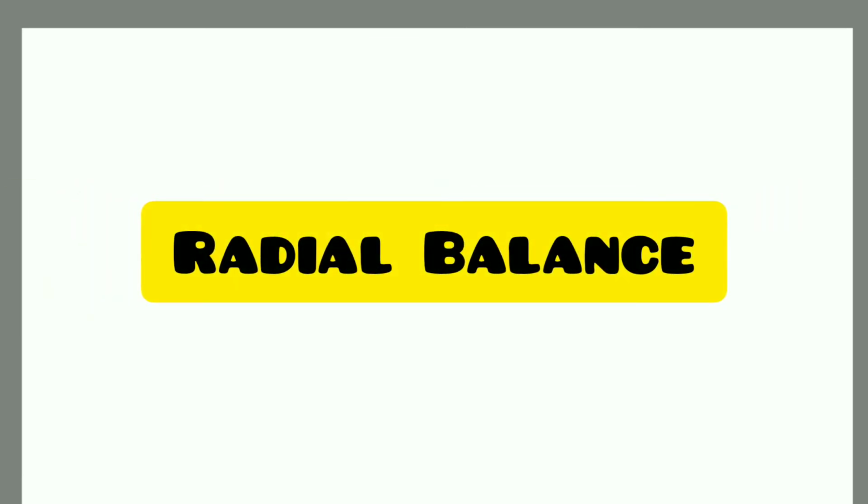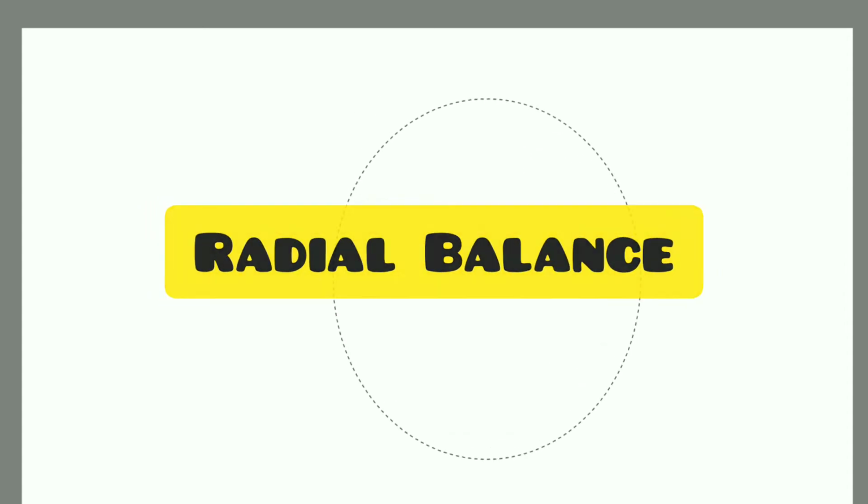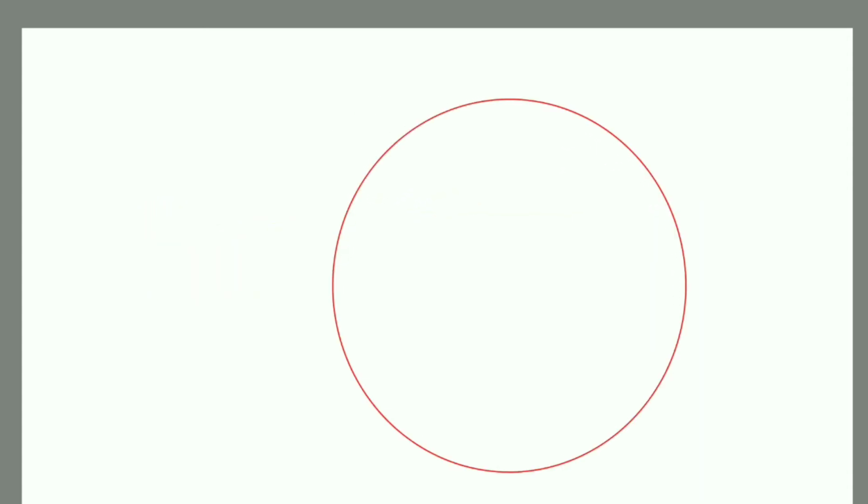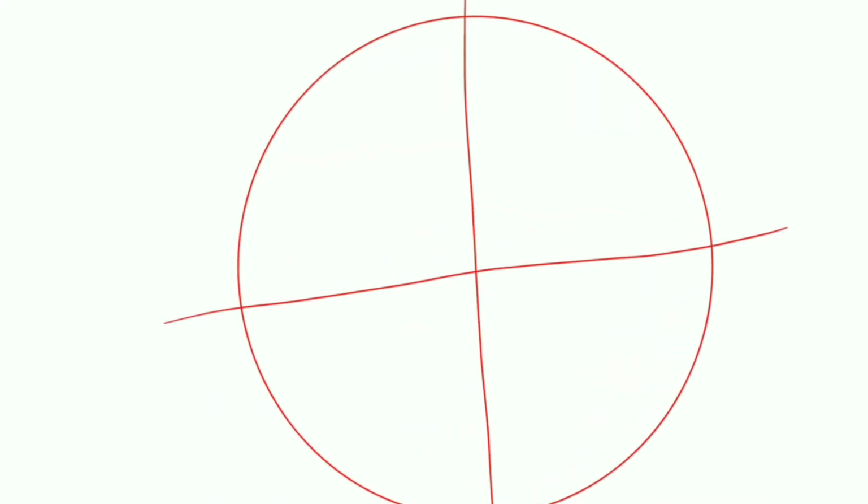Another balance is known as radial balance, which means a balance along the radius. Say it's a circle and I have drawn diameters which intersect at some point. Now I am drawing these lines, you can see I am drawing all the lines in an equal way, in an equal position. If I am drawing three waves here, I will draw three waves here as well.